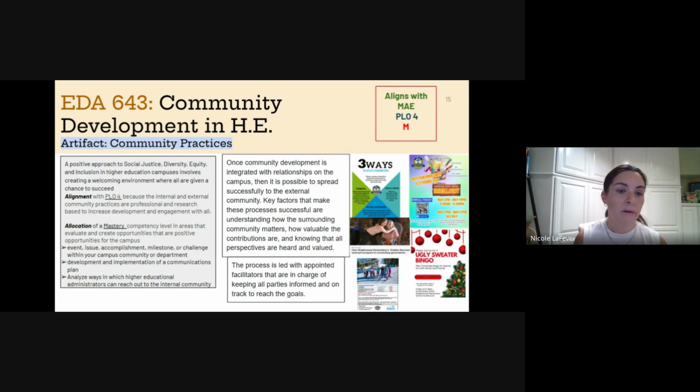This aligns to PLO 4 because the internal and external community practices are professional and research-based to increase development engagement with all. I allocated this as mastery because they're not only done, but they're evaluated and new opportunities can be created for the needs of your campus.